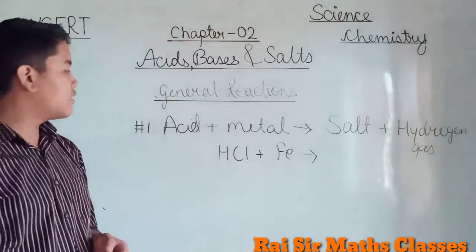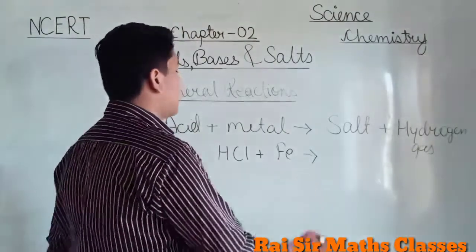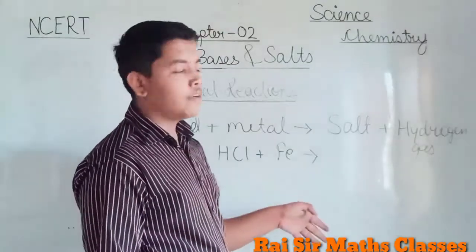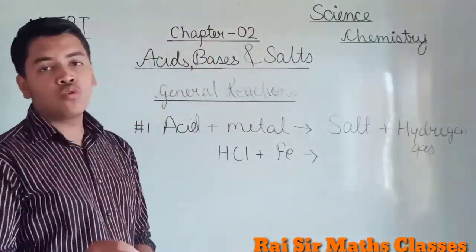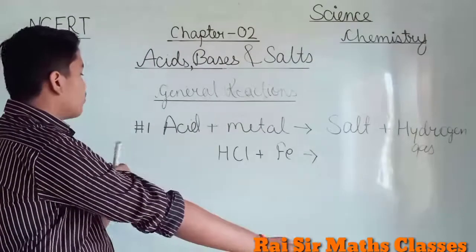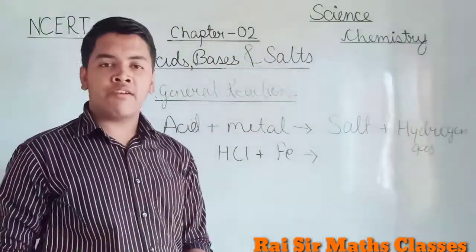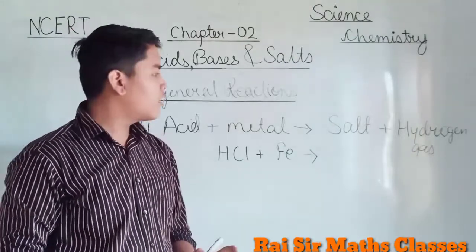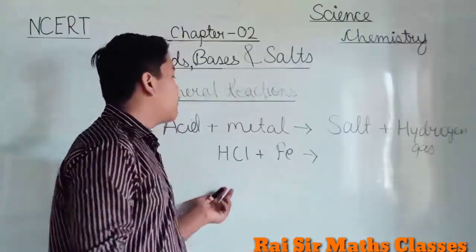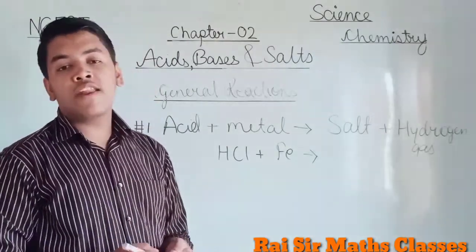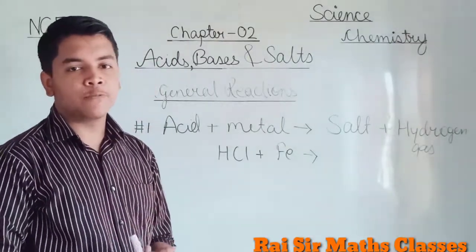If in the exam it is written that when hydrochloric acid, that is HCl, reacts with Fe, meaning iron, what does it form? You just have to know that when acid reacts with metal, salt is formed in every reaction. And when acid and metal react, it forms hydrogen gas.